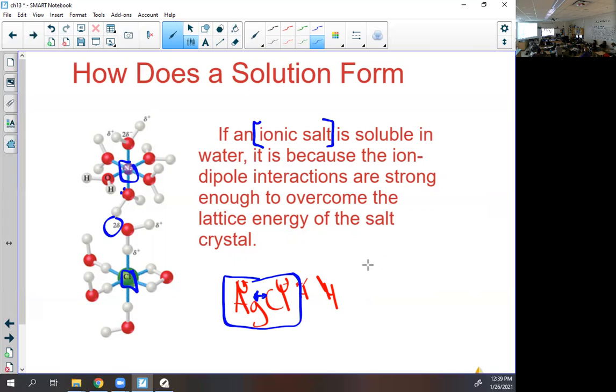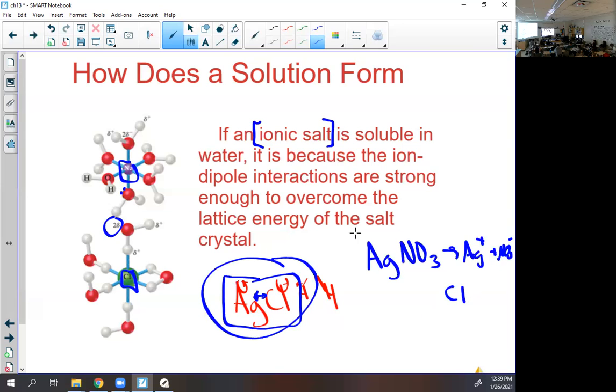You might remember we always used AgNO3 in our examples as something that did dissociate. Then we react it with chlorine to make something that did not dissociate. So the lattice energy here was weaker, and the lattice energy here was stronger.